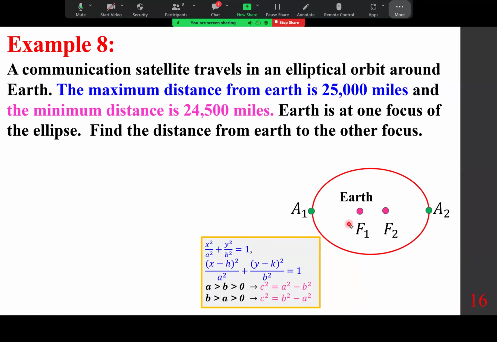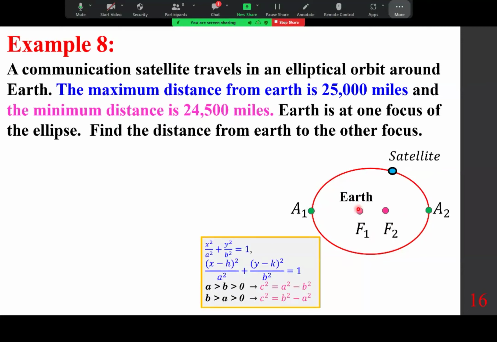Earth is located at one of them. Let's say at F1, it doesn't matter which one. And the satellite is going around this elliptical orbit. The maximum distance from Earth: as the satellite moves, it has this distance, then this distance, and so forth.